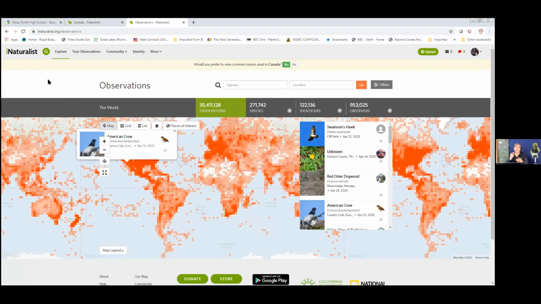And you can help scientists learn what's in your area. If you've got a phone that's got an app like this, iNaturalist, you can take pictures when you go outside, and then when you come home, you can put your observations into iNaturalist.